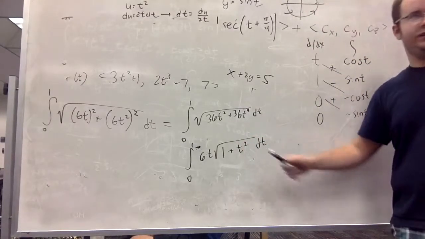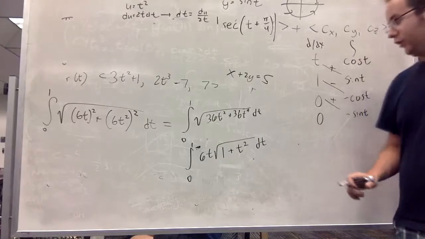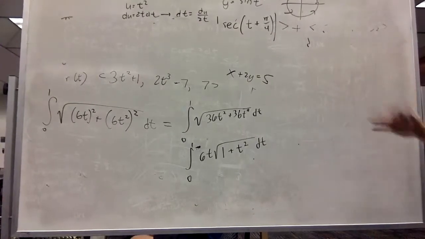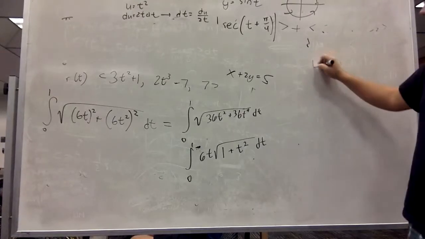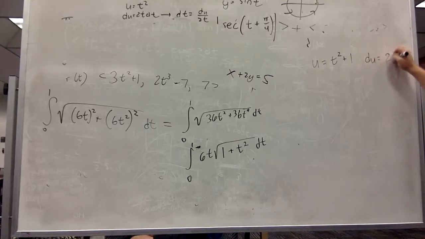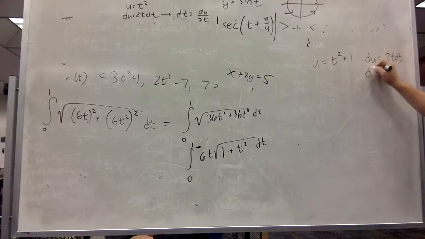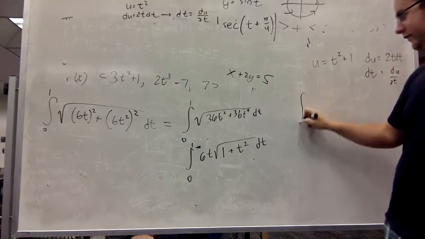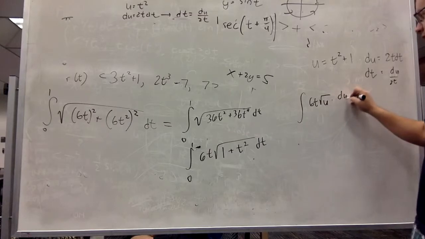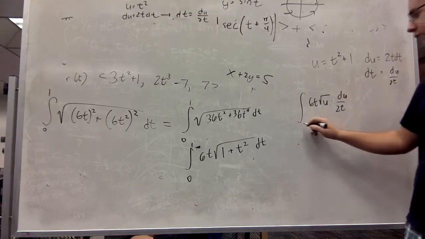What technique of integration do I use to tackle this? U-substitution. U equals t squared plus 1, du is equal to 2t dt, and therefore dt is equal to du divided by 2t. This makes your integral 6t square root of u times du over 2t from 0 to 1.